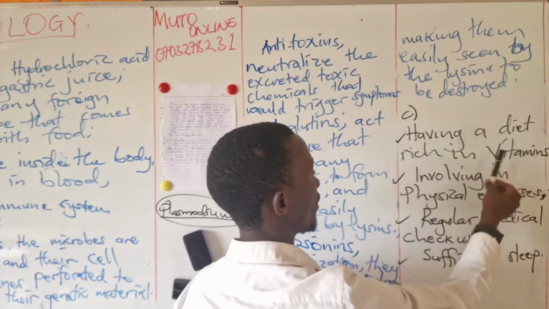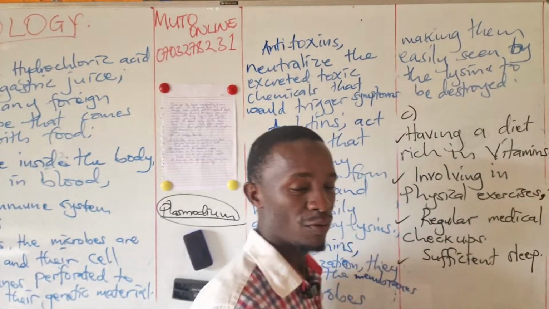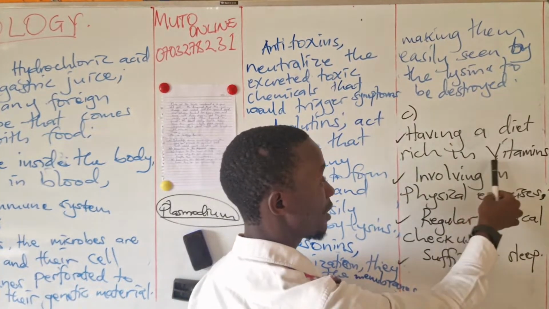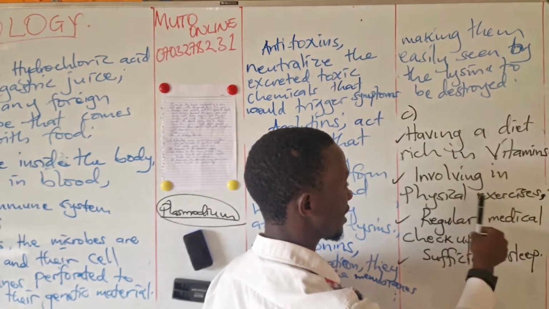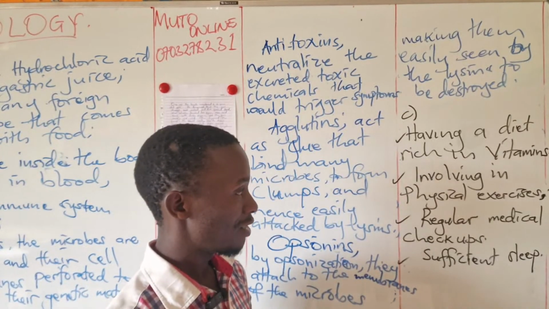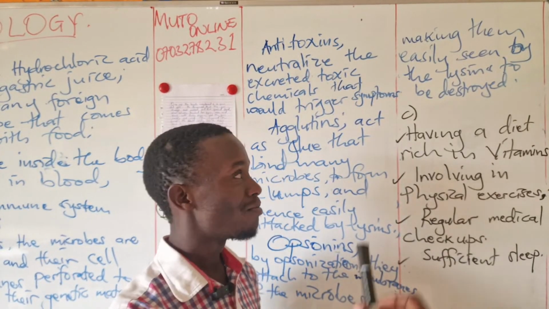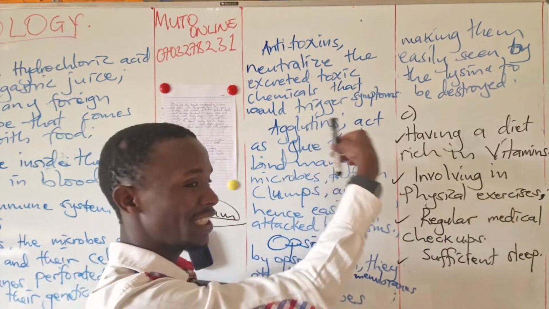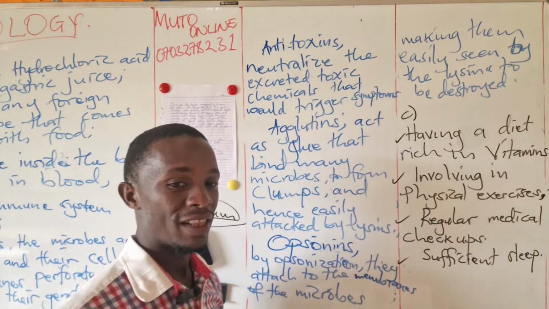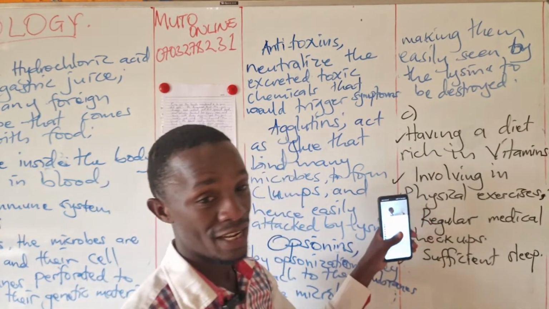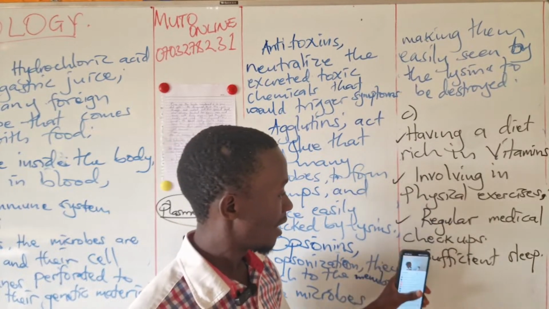At least we know the vitamins contribute to formation of antibodies. We know that physical exercise improves blood circulation such that the blood carries more and frequently the immune cells to wherever they are needed on time. So that is a great contribution from Timothy.